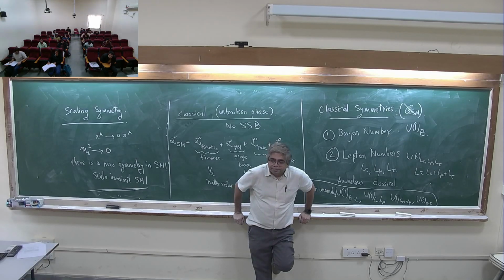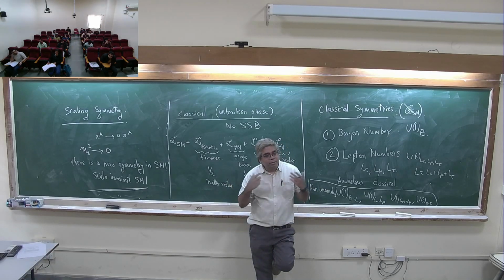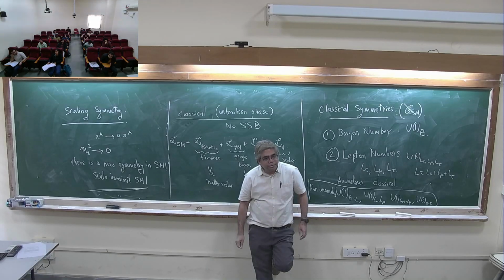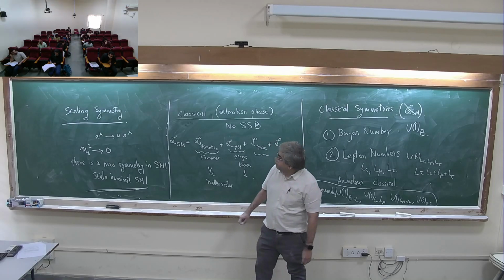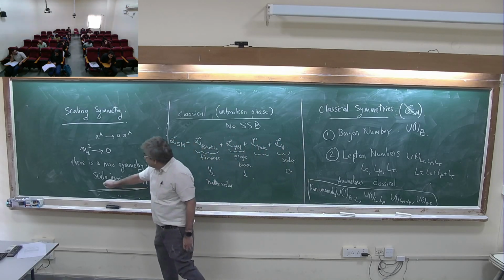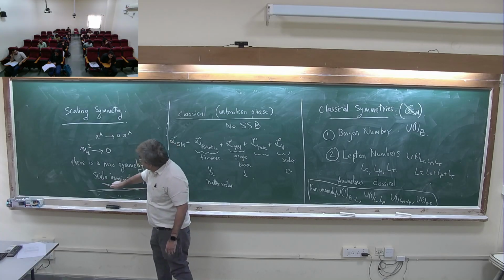Actually, people try to solve the hierarchy problem with it. They also try to solve inflation, where again scaling invariance comes in. If you want Higgs inflation, you need scaling invariance. So in all these cases you need scaling invariance, so they try to make it work.